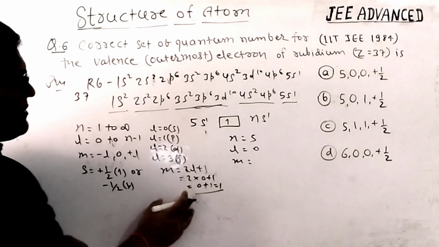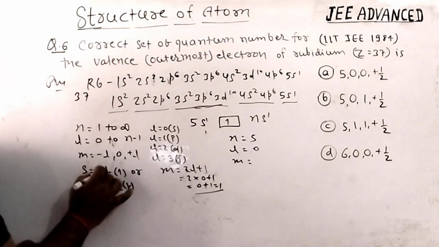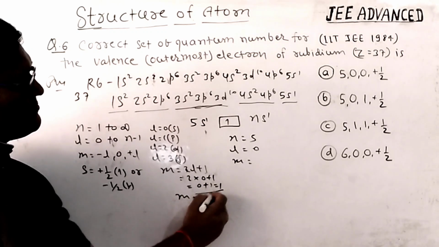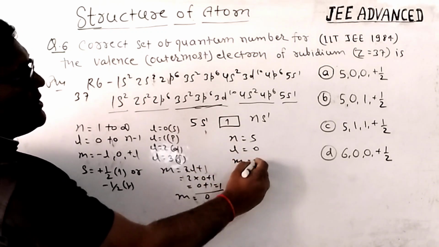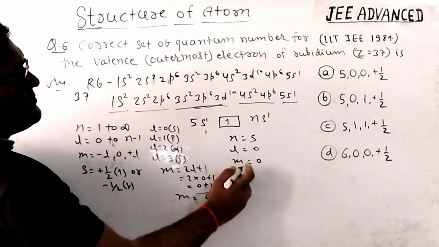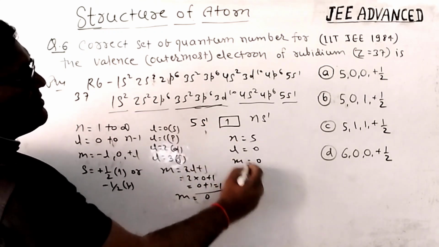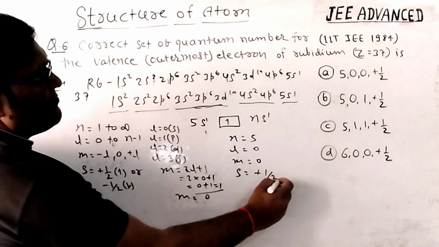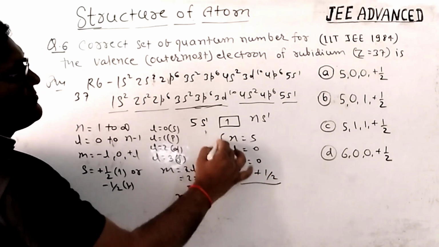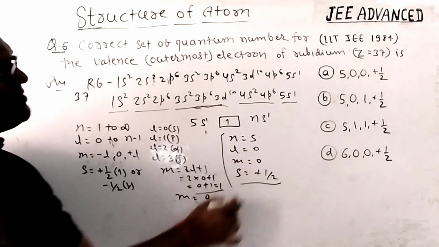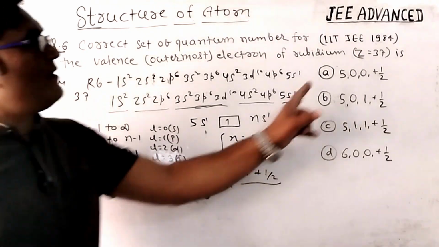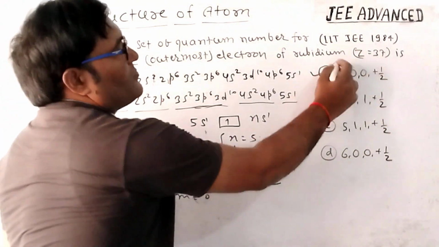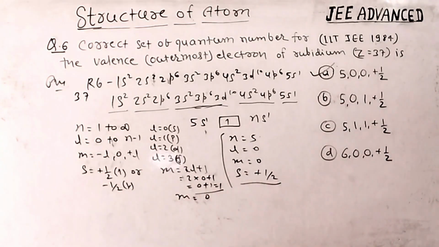So the value of m is 0, and for s, the spin quantum number for clockwise spin is plus half. So 5, 0, 0, plus half is the correct answer. Option A is correct. So you can take a screenshot.